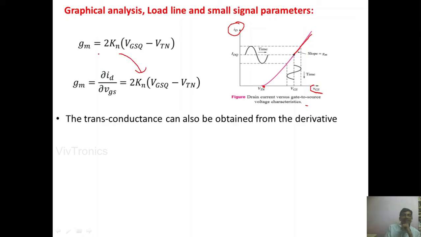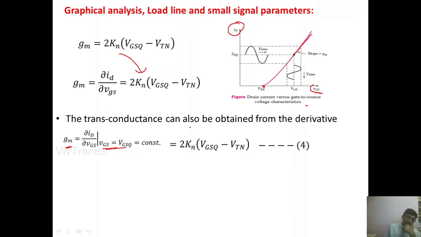But the transconductance can also be obtained from the derivative Gm equal to dou id by dou VGS at VGS equal to VGSQ, which is a constant. We can also obtain this Gm value by taking a constant VGS, VGS equal to the VGSQ point, which is equal to 2 into Kn into (VGSQ minus VTN).